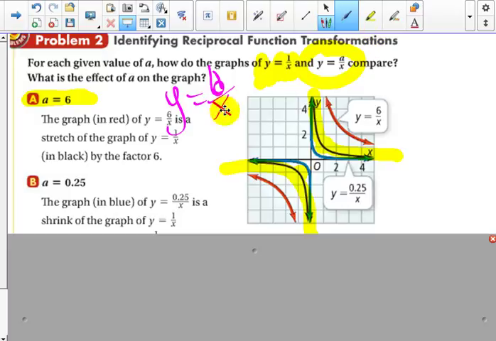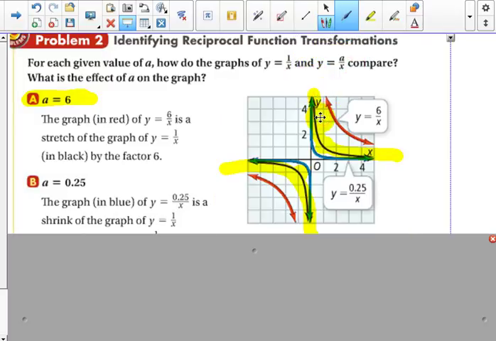So what you can do is plot out a t-chart and find what it looks like. I'm having trouble grabbing it. There we go.